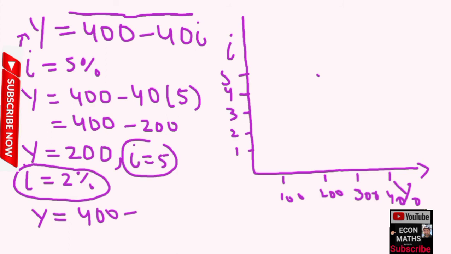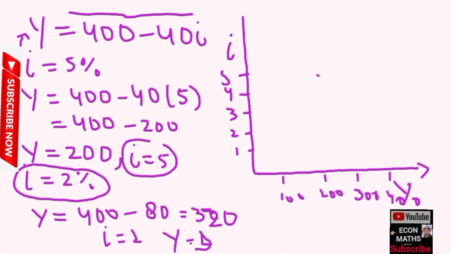The value of i is 2, so 40 into 2 is 80. So we write here 80. This comes out to be 400 minus 80 is equal to 320. So I will write here 320. Now the new combination is when i was 2, our level of income was 320.